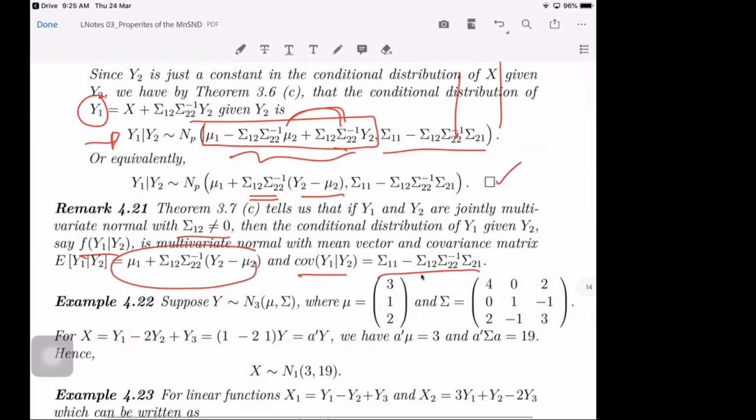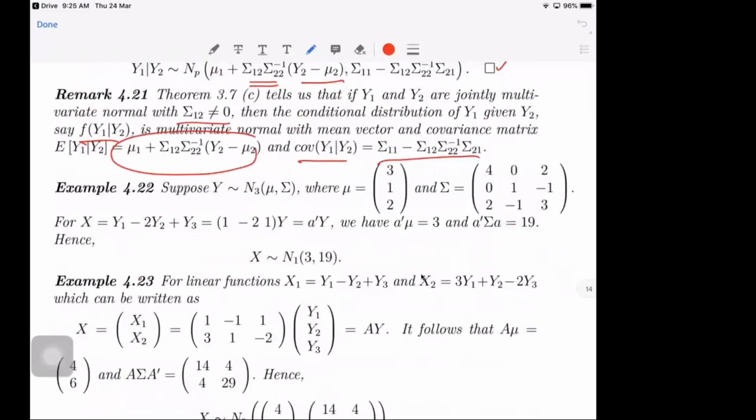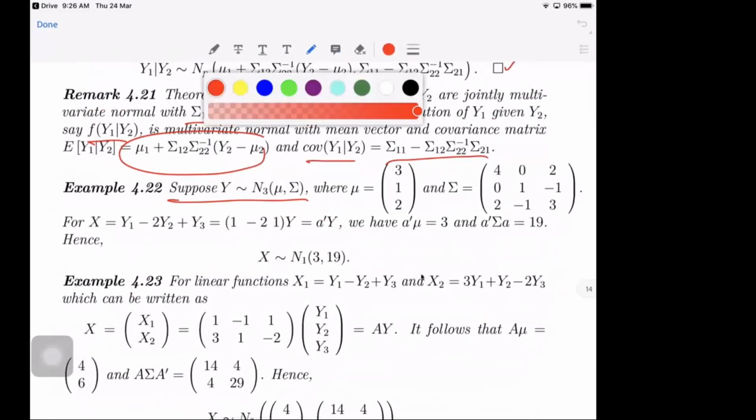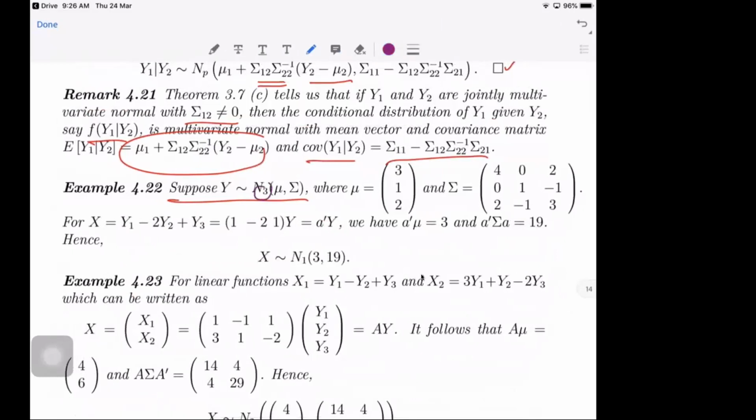Say, let's have this example. Suppose your y is normally distributed. 3 here means it's a 3x1 vector. A 3x1 vector with mean mu and covariance matrix sigma.